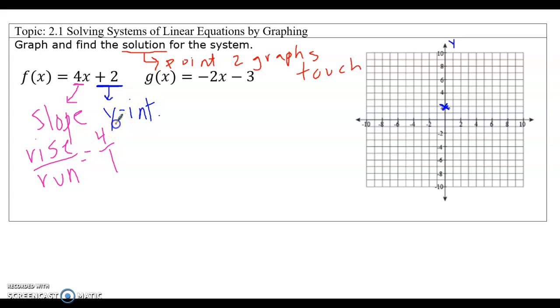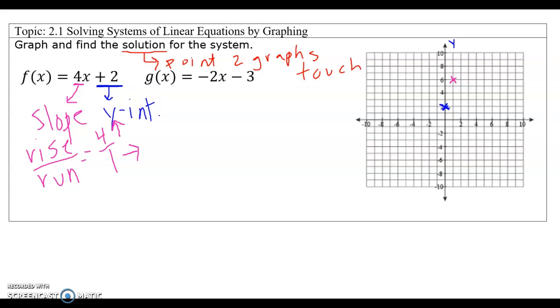When I rise, I go up since it's positive, and then I run to the right. So that's how I'm going to move from this blue x. I'm going to go up 4, 1, 2, 3, 4, and over 1. I'll make another little x because it's easier for me than a dot.